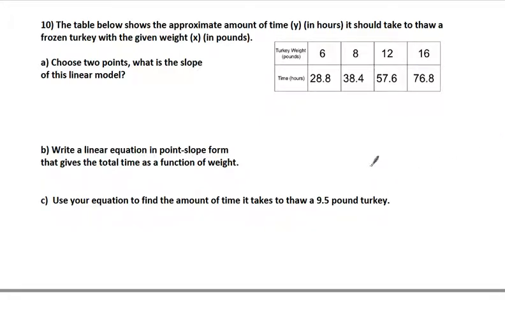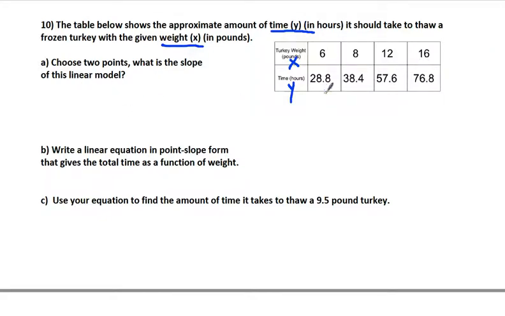Okay, so we have a table this time, and it gives us the amount of time in hours it takes to thaw a frozen turkey with a given weight. So the time in hours is Y, and the weight of the turkey in pounds is X. So it tells us all that here and here. For part A, it says choose 2 points, and then we're going to figure out what's the slope.